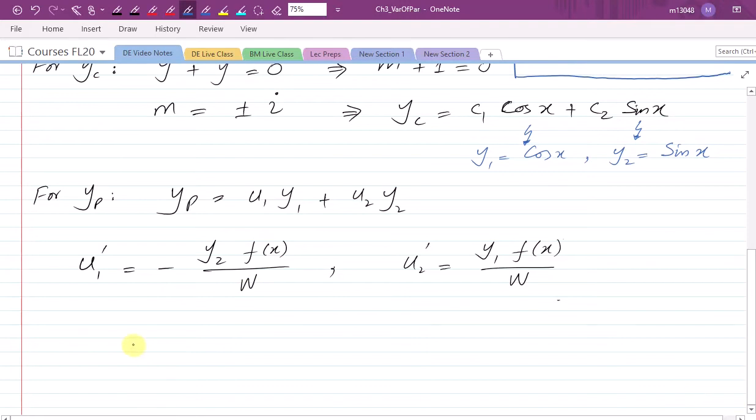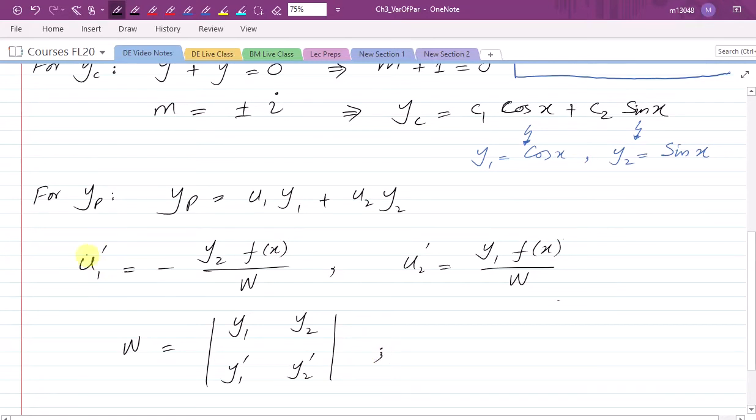W is a matrix, a determinant. It is written again using y1 and y2: y1, y2, y1 prime, y2 prime. Y1 prime, y2 prime mean derivatives.